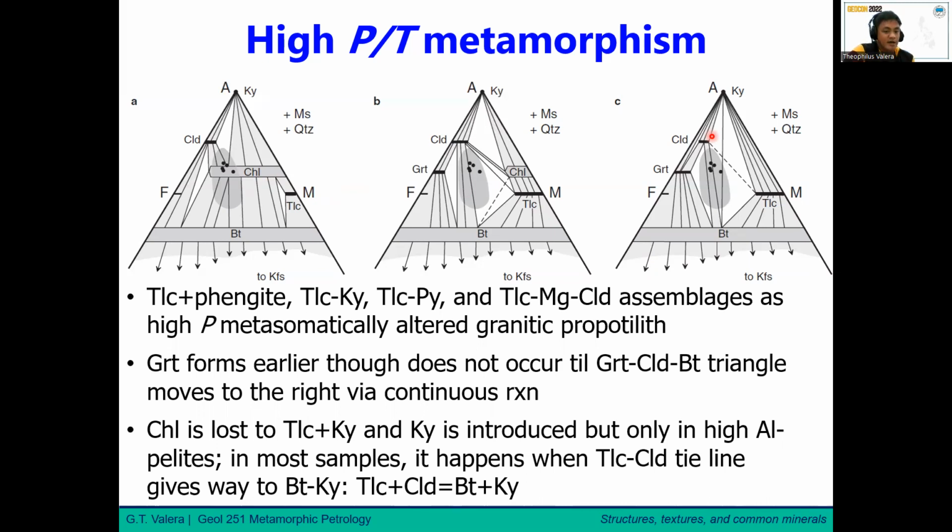Via continuous reaction, chlorite is lost to talc plus kyanite, and kyanite is introduced but only in high aluminum pelites. In most samples, it happens when talc chloritoid rutile gives way to biotite kyanite rutile.